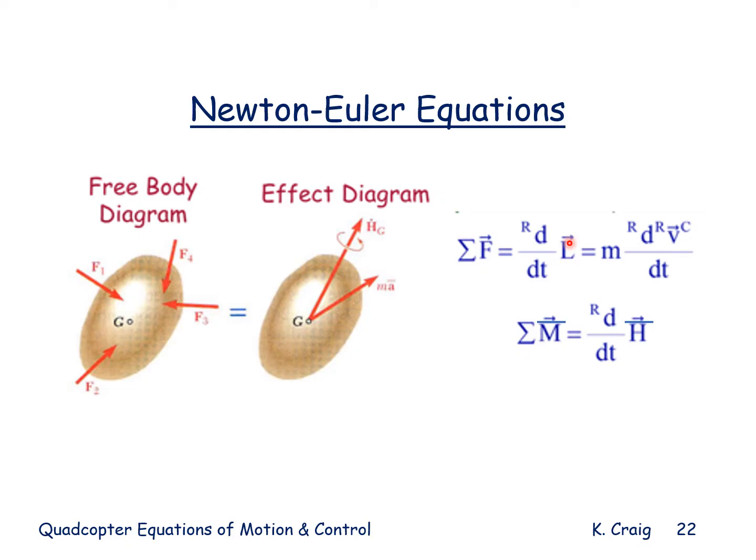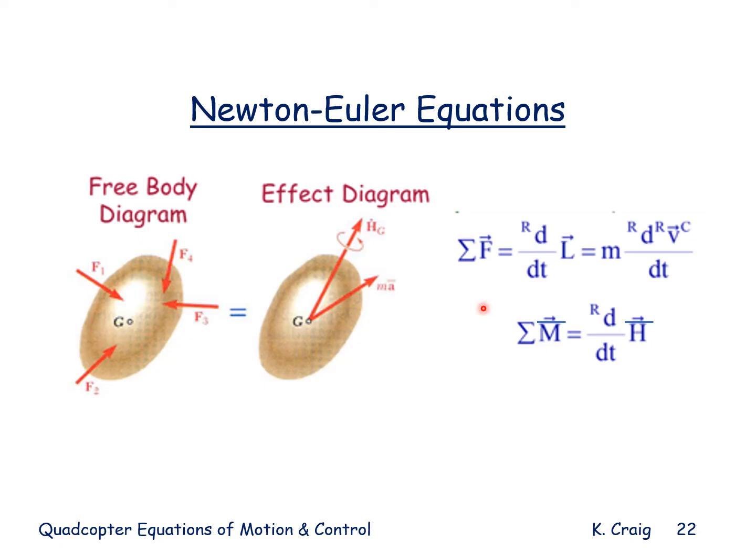And since the mass of the quadcopter does not change, it is constant, this equals the mass of the quadcopter times the derivative in the grounded reference frame of the velocity of the center of mass of the quadcopter in the grounded reference frame, or the absolute velocity of the center of mass of the quadcopter.